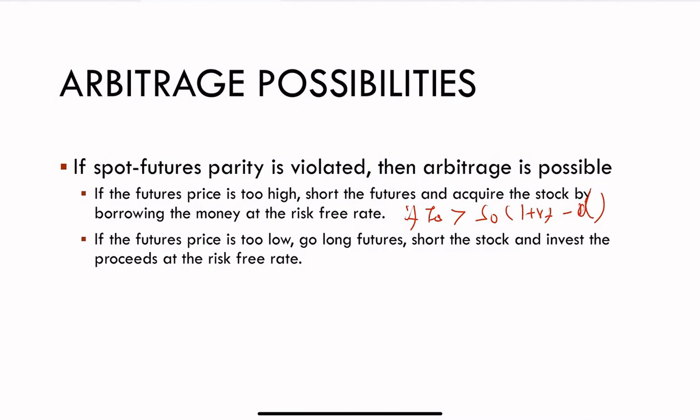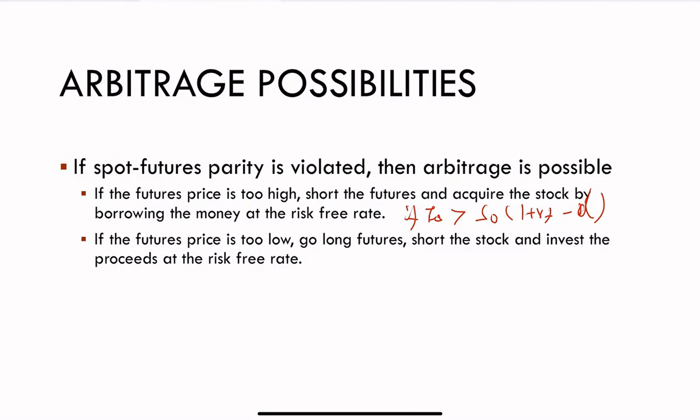So if futures price is too high, then we should short the futures and we will buy the equity by borrowing money at the risk-free rate. This is very natural, right? If futures price is too high, this essentially means the futures is overvalued, right? So you should short sell it. And relatively, the equity is undervalued, so you should take a long position.